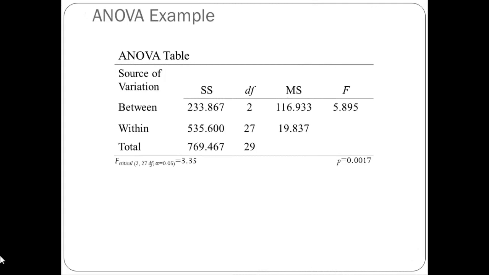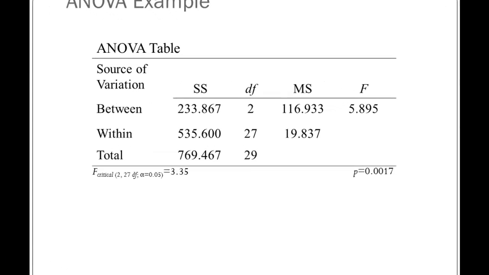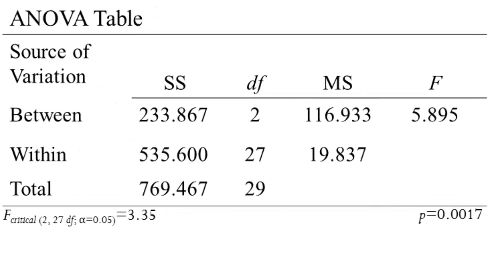Our next step is to take all these numbers and put them into a table to allow us to calculate the mean squares and finally the F statistic. So here's the table I created by hand after calculating those three sums of squares. Always put your between, within, and total in that order, and understand that between plus within is equal to total. Degrees of freedom are very simple.